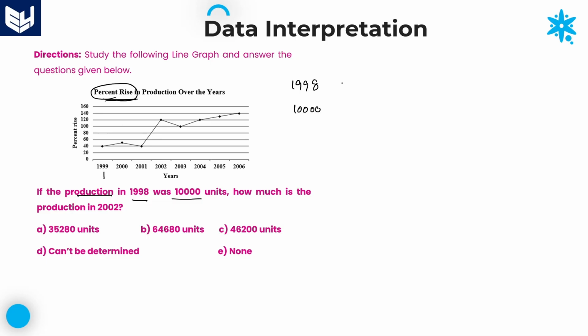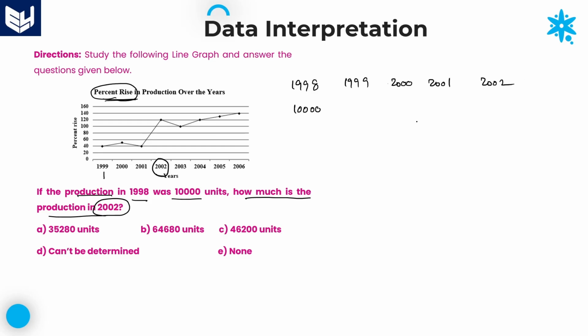Okay. Now let's start with which year he is asking about. How much is the production in 2002? Here in 98, 10,000. Here we need to calculate 99 and then 2000 and then 2001 and then 2002.